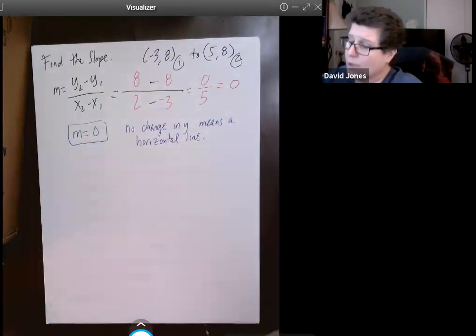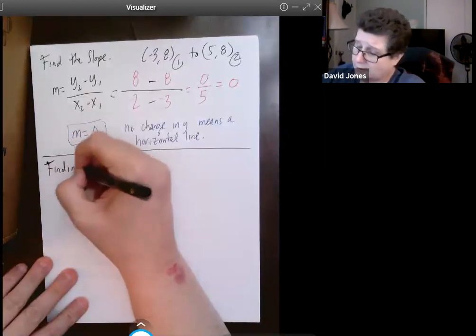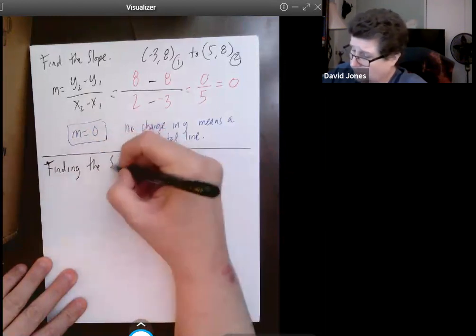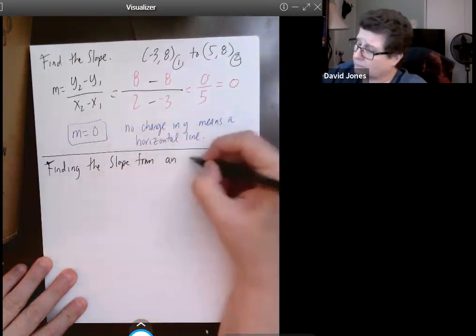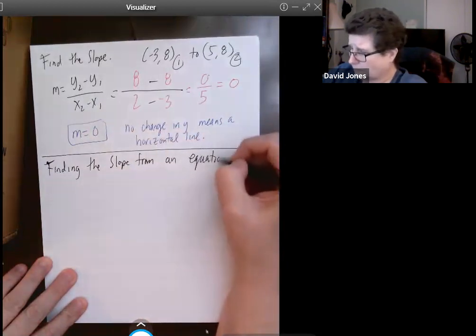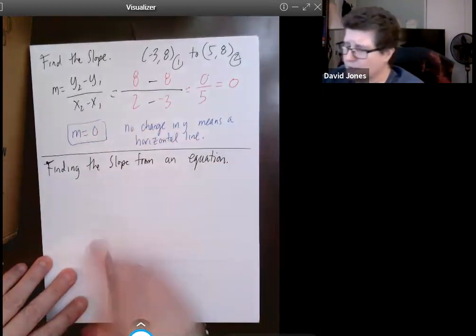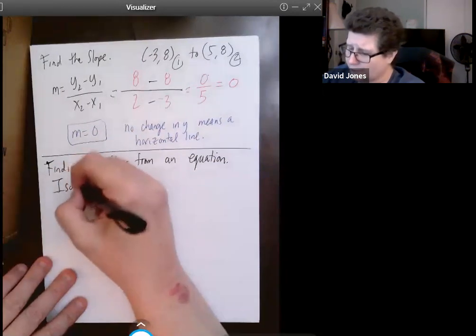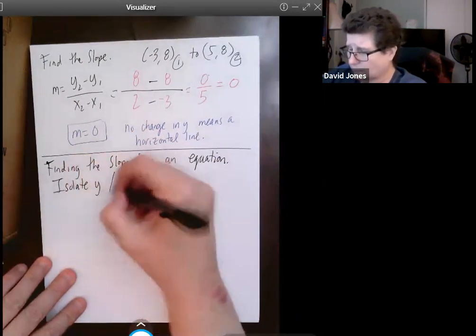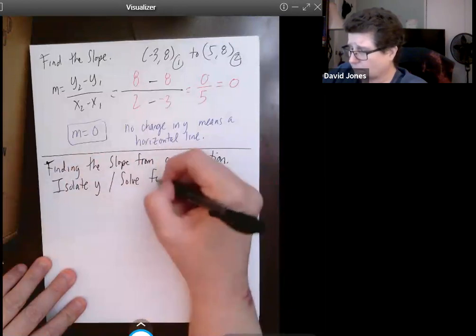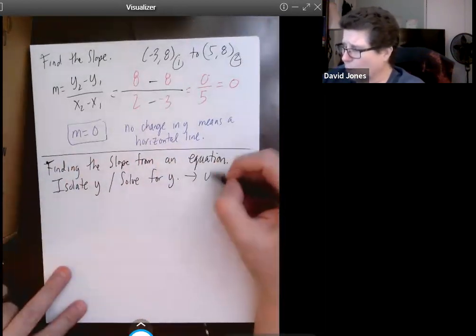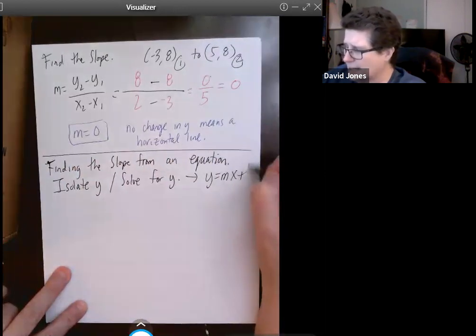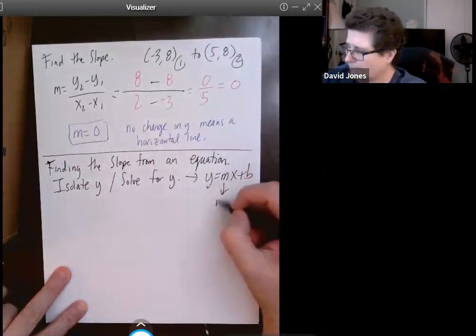Let's say you have an equation and you want to find the slope. So finding the slope from an equation. All you've got to do is isolate y, or solve for y. Then you're in the form y equals mx plus b, and your slope is m.